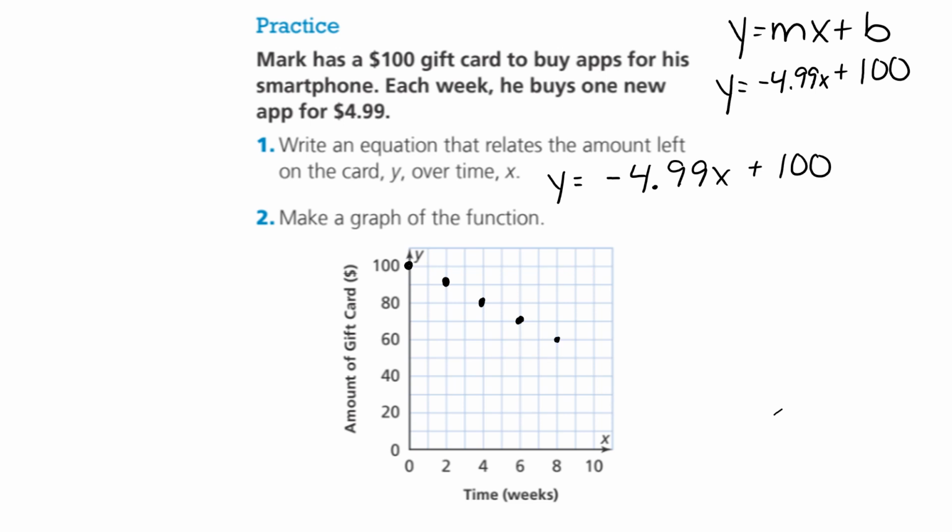Again, I'm getting 10 because I'm rounding $4.99 to 5, and 5 times 2 weeks gives me that -10. So I'm going down 10 and over the 2 weeks. And so we can connect our dots, and we have our straight linear graph.